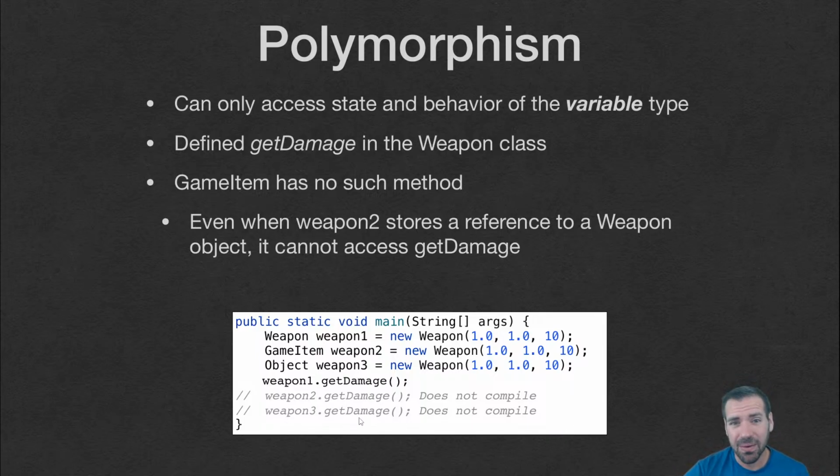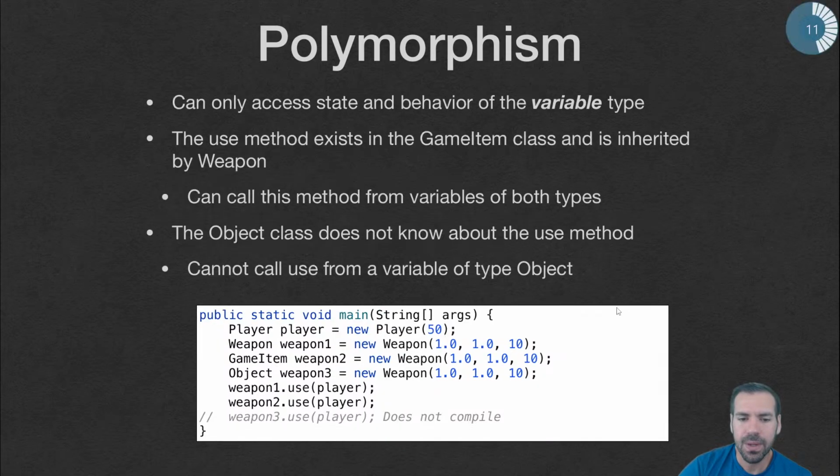So this is a pretty big restriction that we have with polymorphism: what we're allowed to call depends on the type of the variable. And if I want to call something like the use method, which was defined in the game item class, and then weapon inherited that use method, I can call use from either weapon 1 or weapon 2, because both of those classes know about the use method.